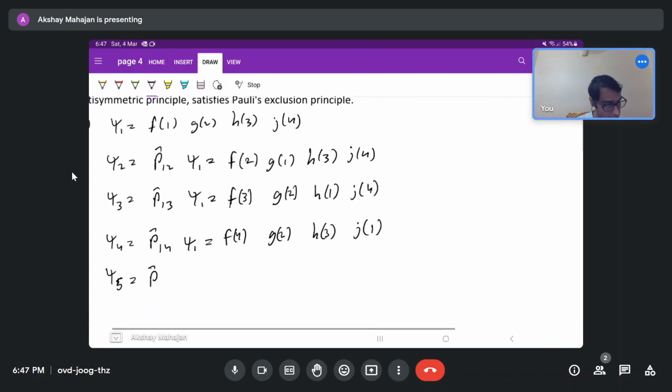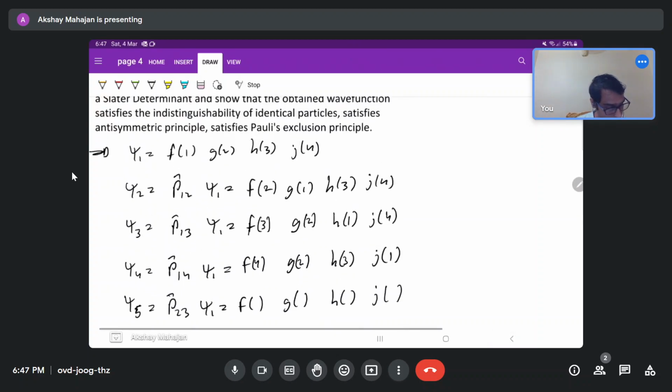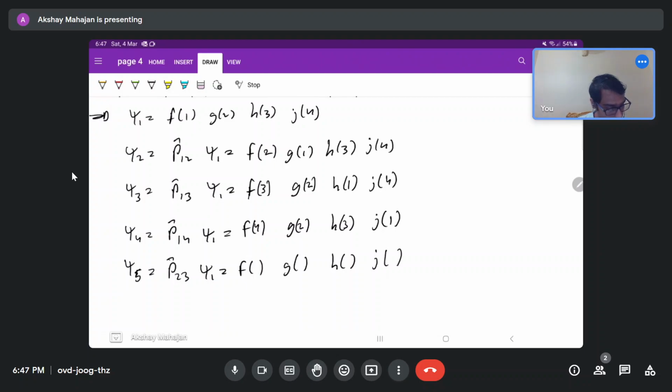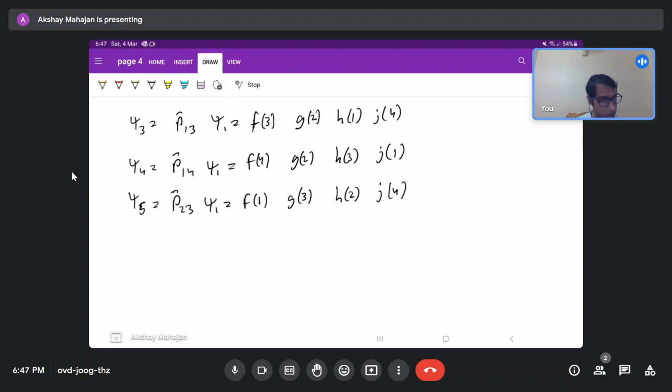Like on psi2 we can do, let's say 2 3 on psi1 itself, F, G, H and J. Again go to psi1, and this time change 2 and 3. So let's just write 1 and 4 which are not changing, and now write 2 and 3. You can write this here as 3 and here is 2. So this is also a new permutation. So I guess you got the idea how to solve this kind of problems.